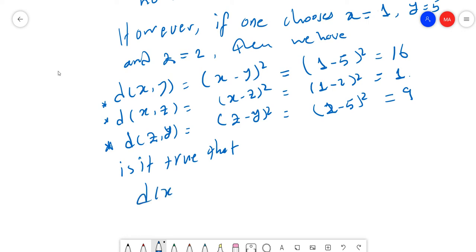So, is it true that the distance between x and y is less than or equal to the distance between x and z plus the distance between z and y?